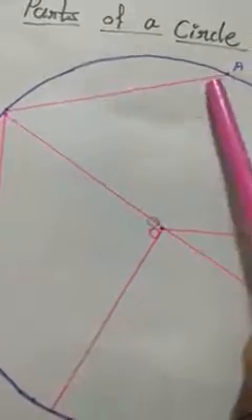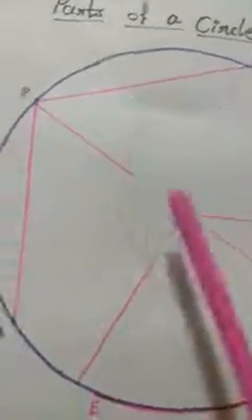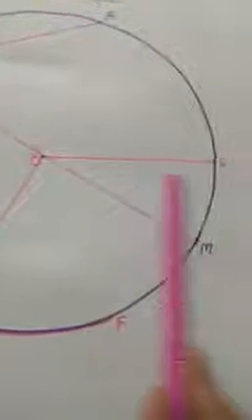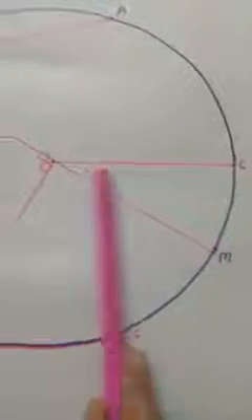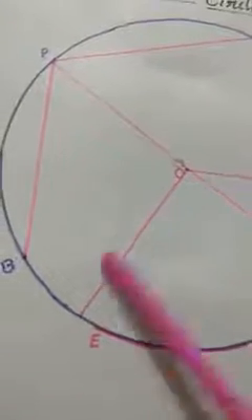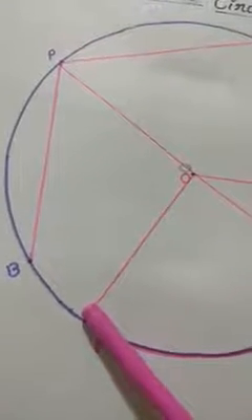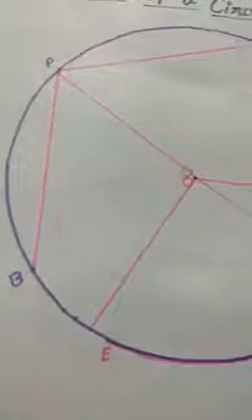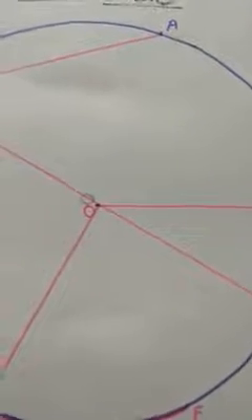This is a chord. Then sector, the area between two radii, is a sector. So this is also a radius, chord. So let us see one by one. Let us study one by one the parts of the circle.